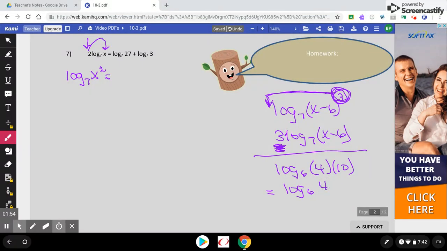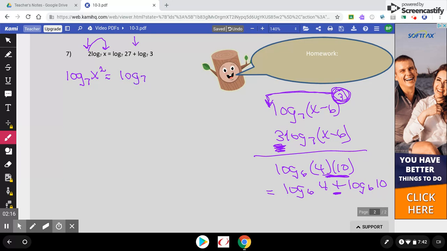So that would be log base 6 of 4 plus log base 6 of 10. So either you're starting with a multiplication problem and changing it into plus, or in this case, look back up here at number 7, I got a plus sign. So it must be going the other way with this.